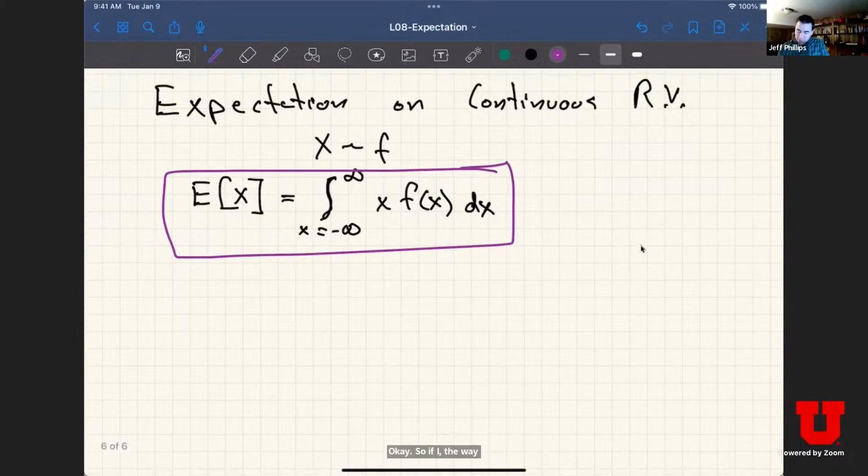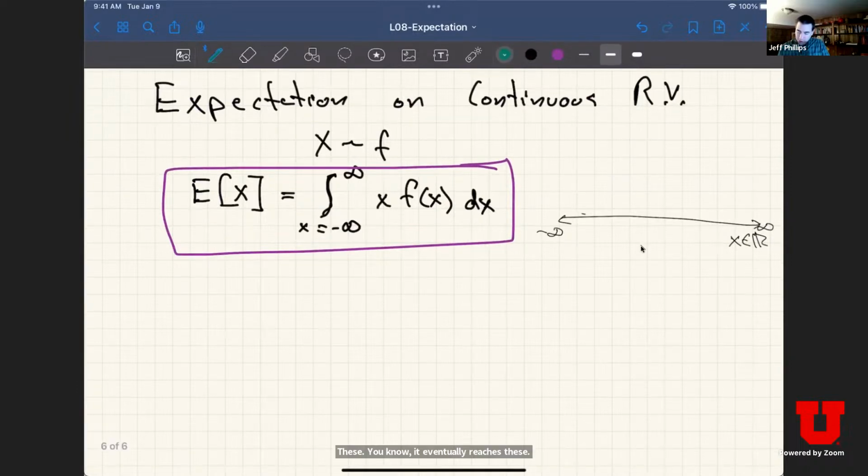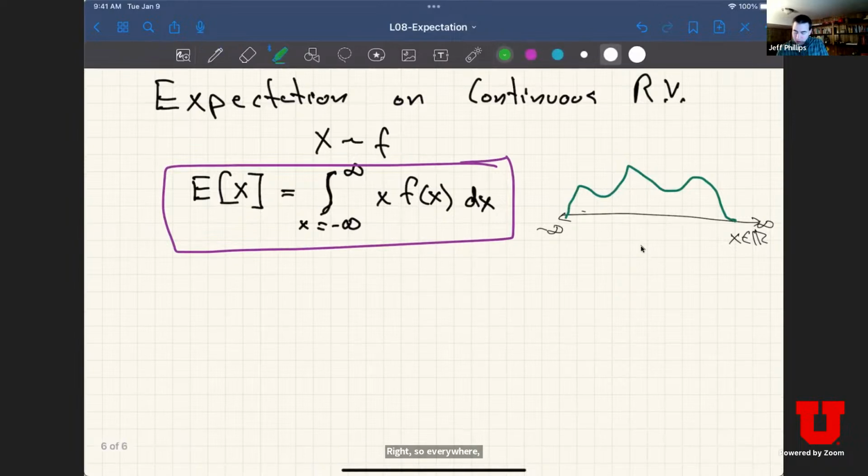The way I like to think about this is if we have some x's in the real values, from negative infinity to infinity, we can think of f as this function that we can evaluate everywhere. And the area under this curve corresponds with the probability. If we draw a picture like this, what we want to do is realize where the expected value is going to be.